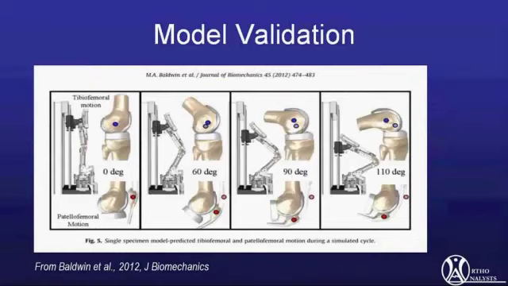And from my group here in Denver, there is a recent publication comparing some of our whole joint knee kinematic predictions with those produced experimentally in a wear simulator. So you see in each of these different flexion angle figures the experimental simulator representation as well as the relative positions.